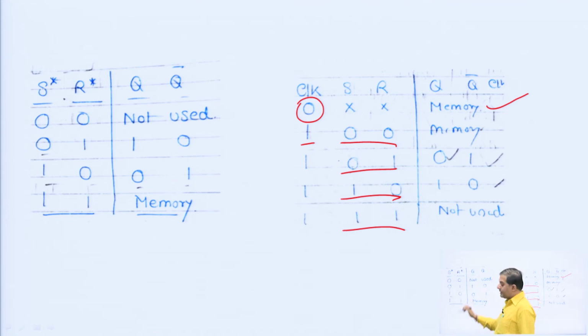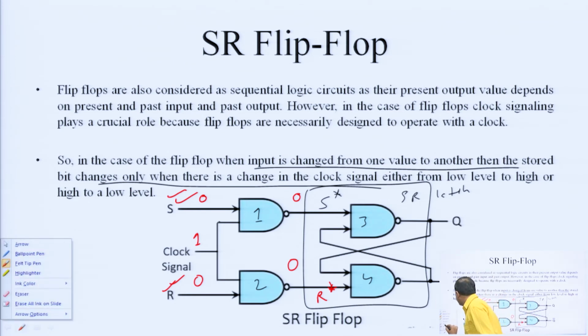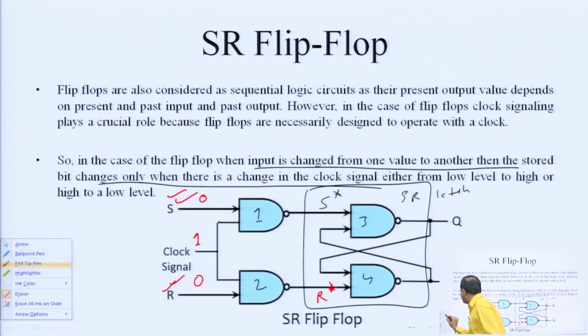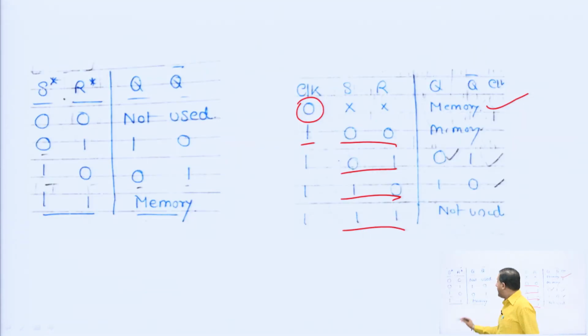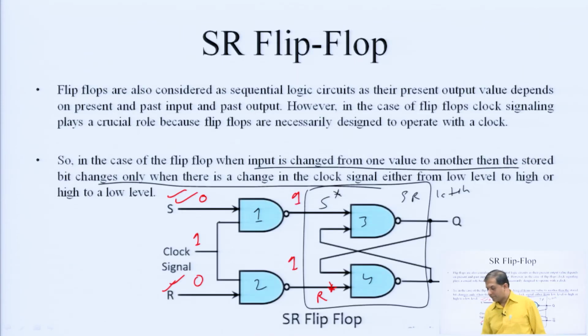One second, we have made a little mistake. Here we wrote the truth table for an AND gate only; 0 1 NAND gate output will be 1. So, S star and R star both are 1. Check the truth table: if S star and R star both are 1, the output will be memory. So, here we have written memory. Is it clear?